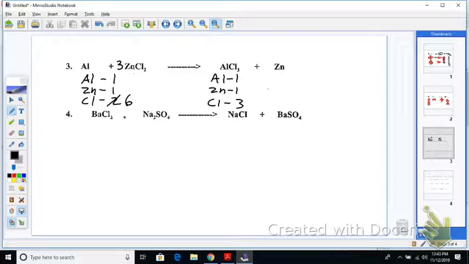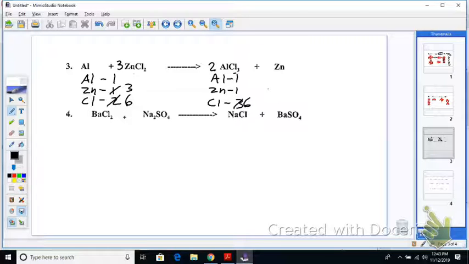What else does that change? The zinc. So I'm going to have 3. So then on the right side, what do I have to put in front of AlCl3 to get 6 chlorines? 2. So that 2 multiplies by the 3, and so I get 6.